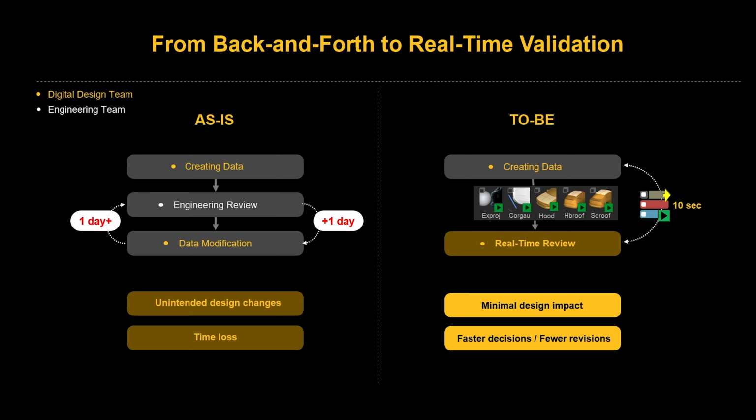Sometimes it took a day. Other times, nearly a full week. But by using these validation tools, we can not only preserve the design intent from the styling perspective, but also significantly reduce validation time and minimize unnecessary revisions. That's the real value here.